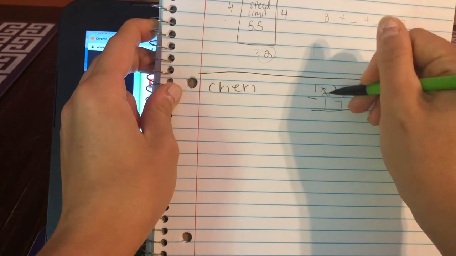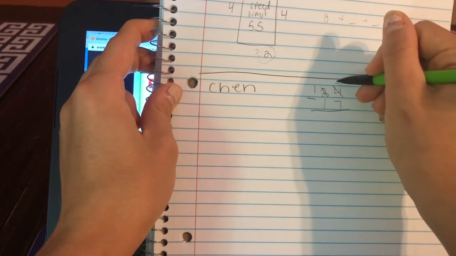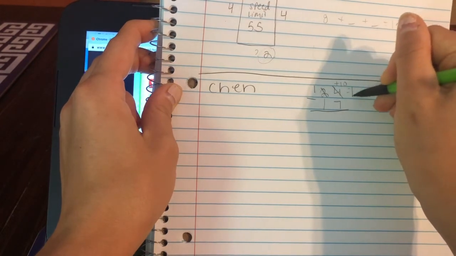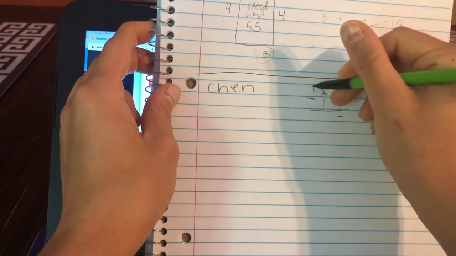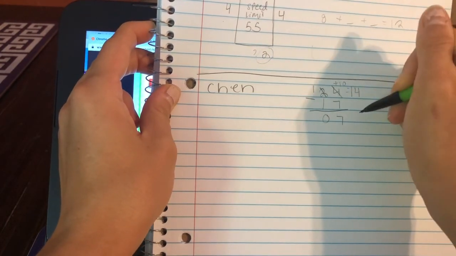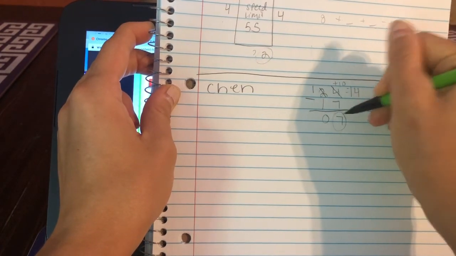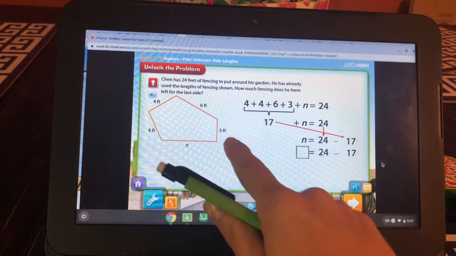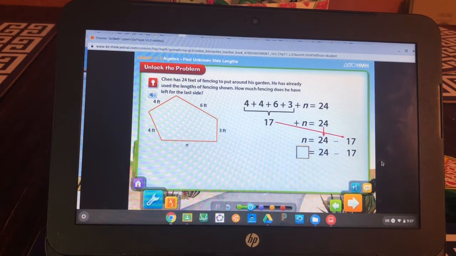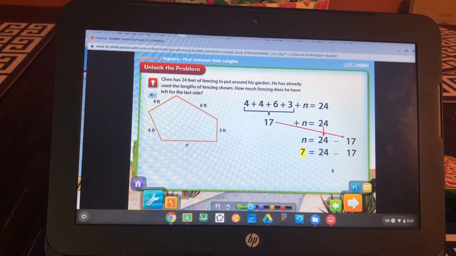I only have one group of 10 there now because I'm adding 10 here. So I now have 14. 14 minus 7 is 7. 1 minus 1 is 0. So our answer is 7. In this problem it's 7 feet because we want to keep our unit. 24 minus 17 is equal to 7.